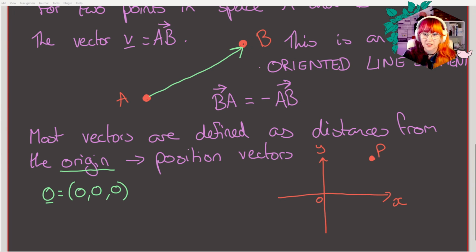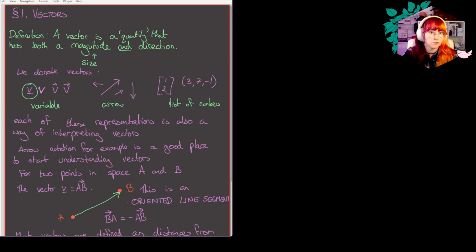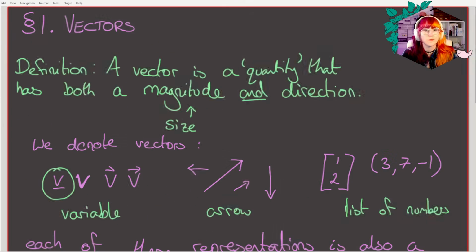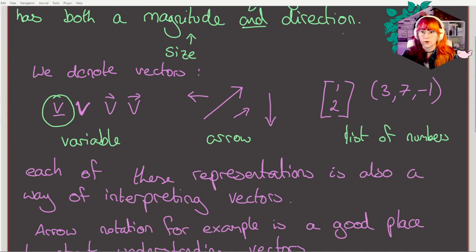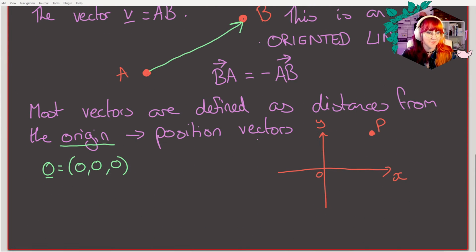Then the position vector of P is precisely from the origin to the point P. And that's the position vector of P.